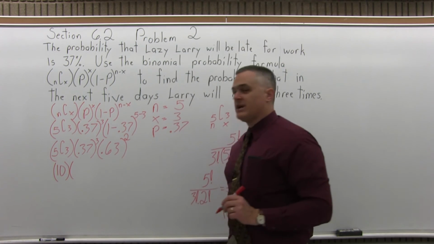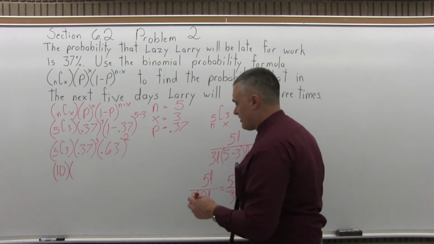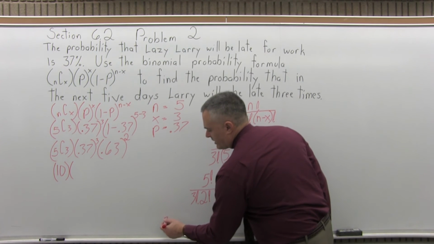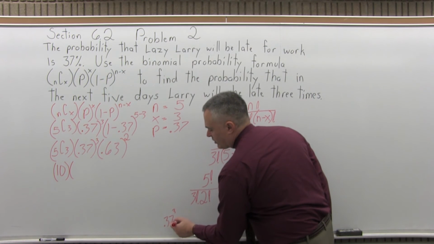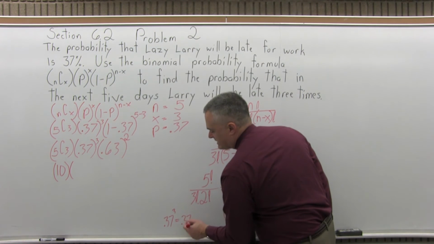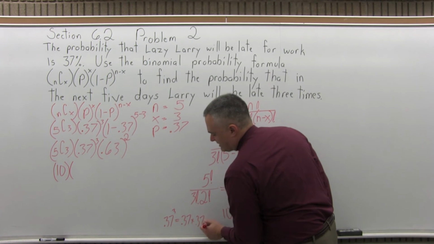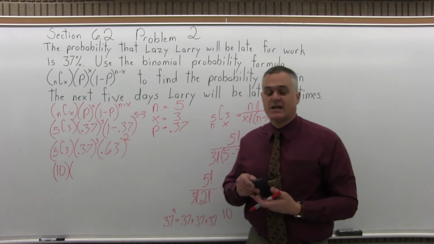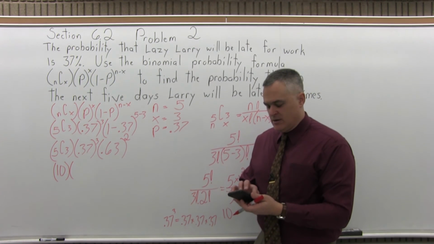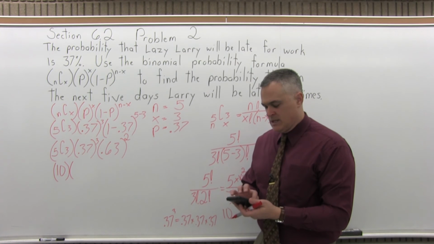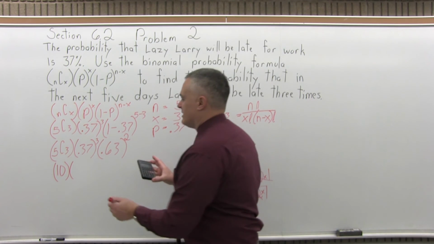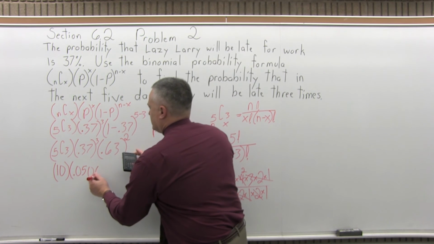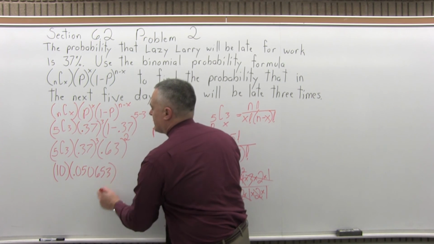Now the middle parenthesis, 0.37 to the 3rd power, let me write it out. 0.37 to the 3rd is 0.37 times 0.37 times 0.37, which the calculator will do very easily for me. That's kind of tough to do without the calculator. And if I enter that in my calculator, the middle parenthesis has a result of 0.050653.